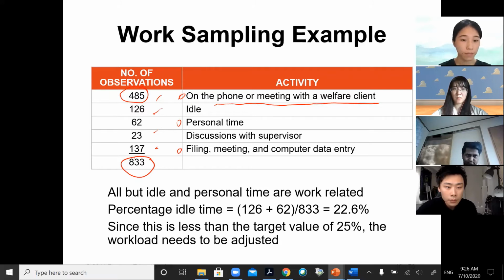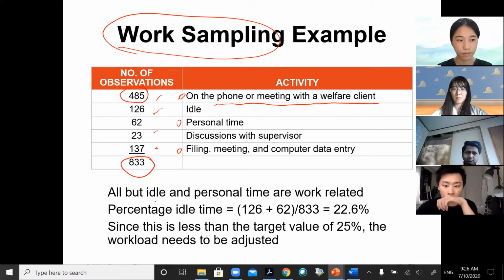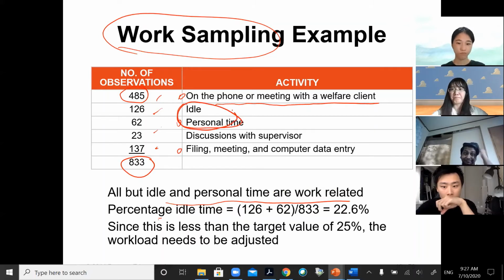But the longer the time, the less relevant it becomes because time changes. So you want to get it fast. What we can conclude from work sampling is that all but idle and personal time are work related.